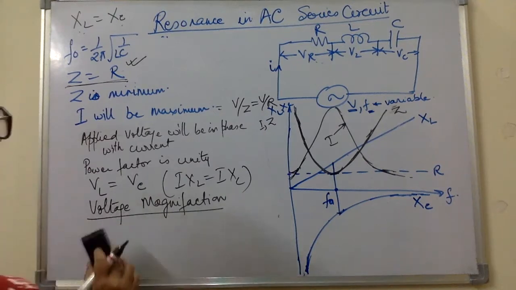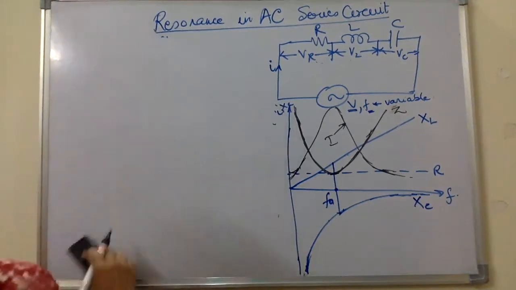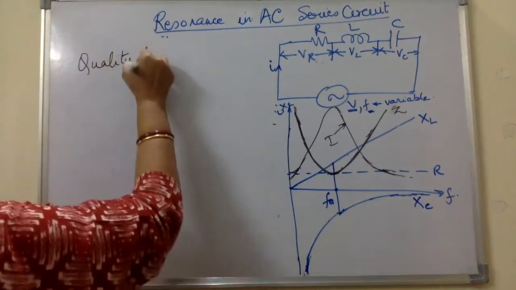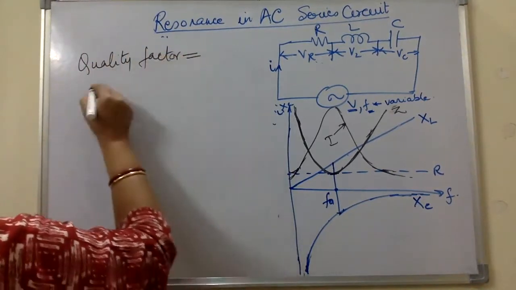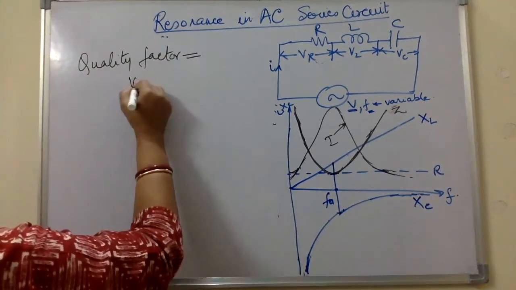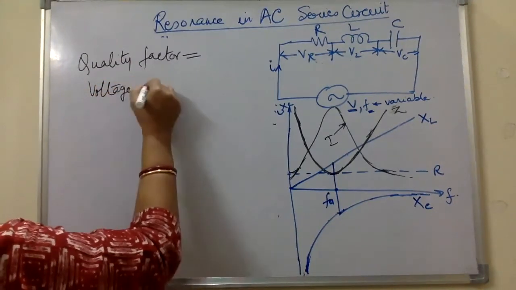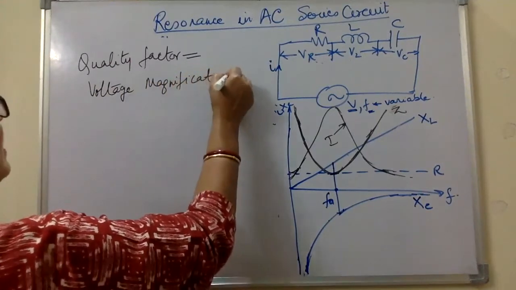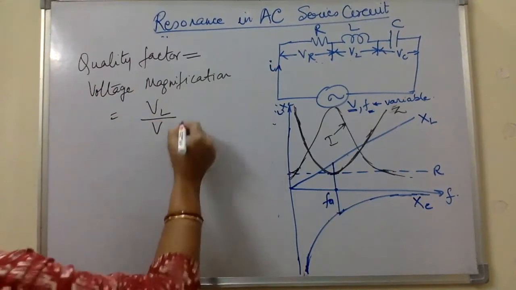So this voltage magnification is defined as the quality factor. Quality factor is defined as the voltage magnification. What is the voltage magnification? The voltage magnification can be given as the voltage across the inductor divided by the supply voltage.